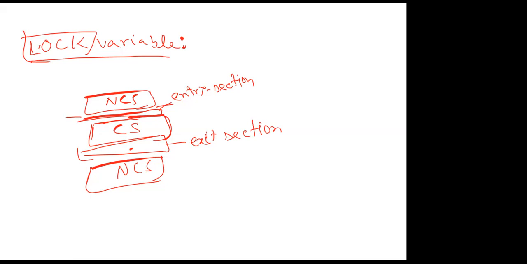First I need to mention that initially the lock value is 0, the lock variable is always set to 0. Then the two lines of code are: while lock not equal 0. I am writing the code for this entry section, which means that to enter the critical section, these two lines need to be satisfied.